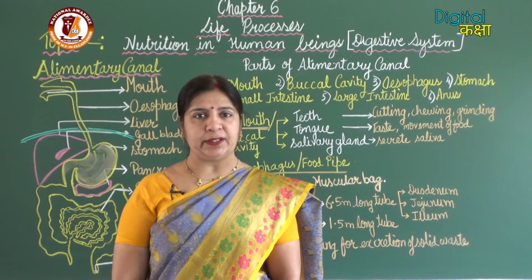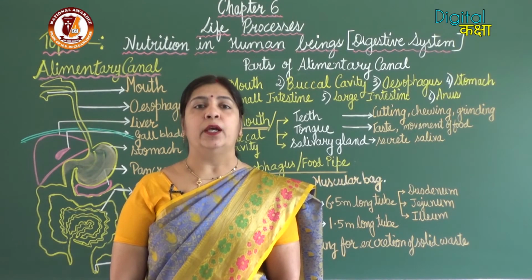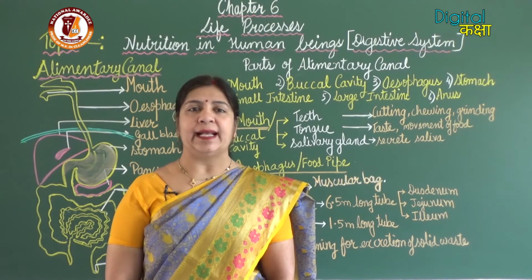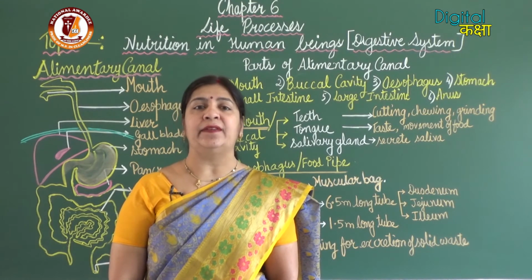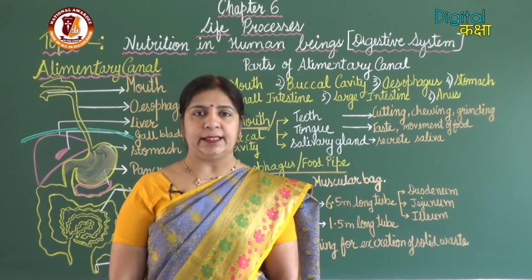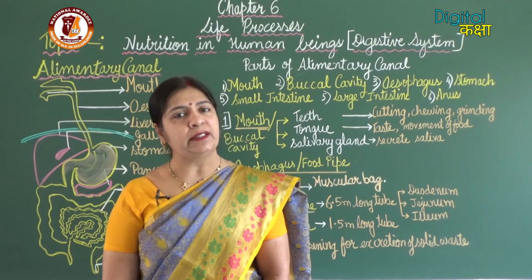Besides the alimentary canal, there are some exocrine glands known as digestive glands associated with the digestive system. The function of these exocrine digestive glands is to secrete the digestive juices. The digestive juices contain enzymes and they help in the process of digestion.